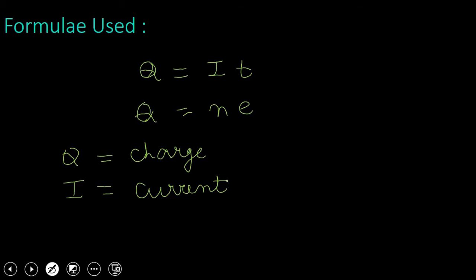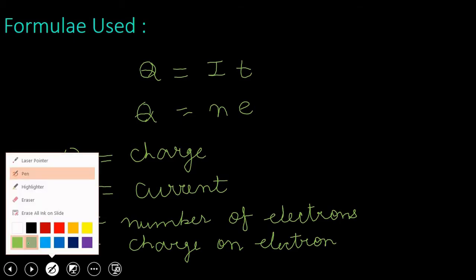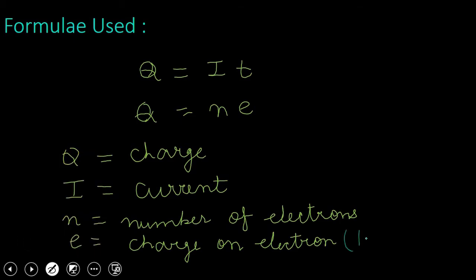Unit of current is ampere and unit of charge is coulomb. N is the number of electrons and E is charge on 1 electron. Its value is equal to 1.6 into 10 to the power minus 19 coulomb.